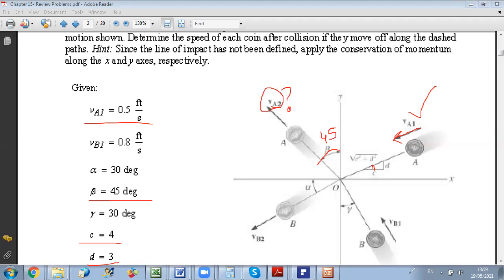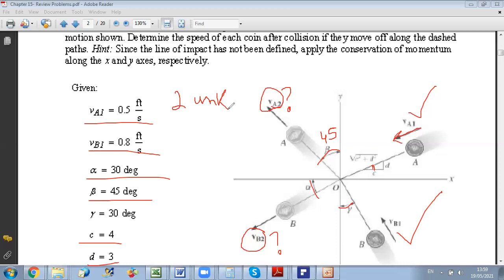Now concerning VB1, I have the magnitude and the angle gamma, so I completely know VB1. While for VB2 I don't know the magnitude, but also because they didn't give me the line of impact, they had to give me additional information: the angle of VB2. So in total I just have two unknowns only. Okay, so here I just need to write two equations. What are these two equations?